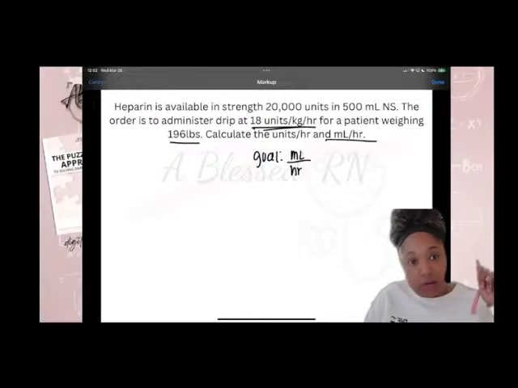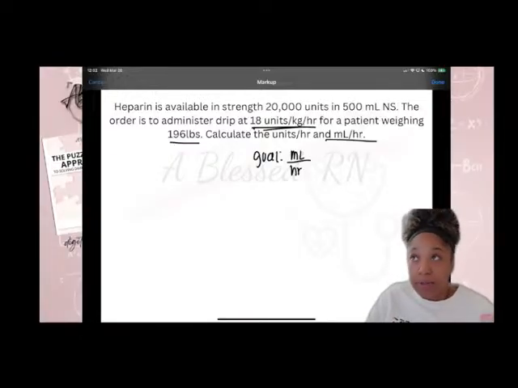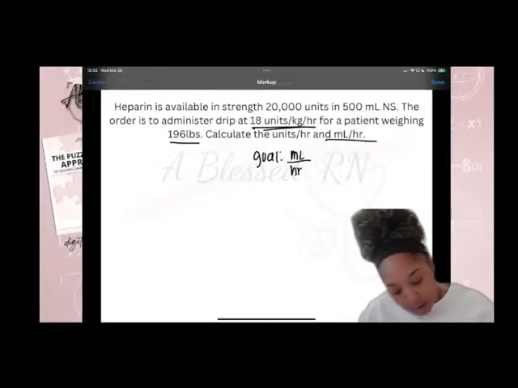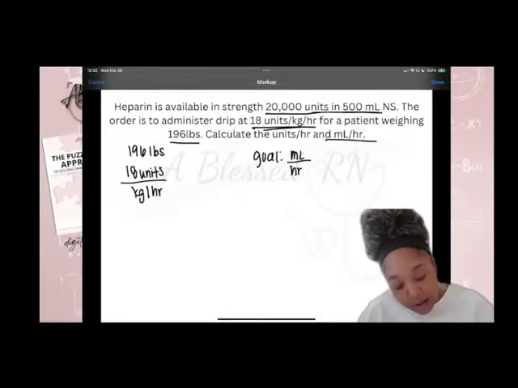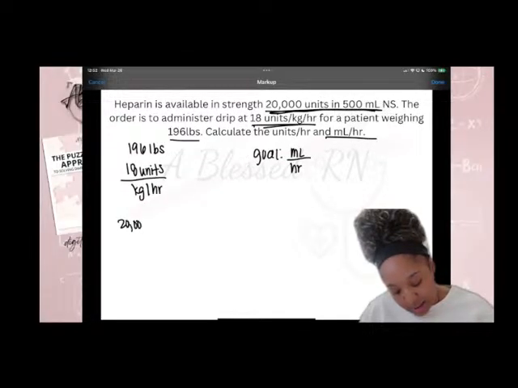All right, so now we need to know milliliters per hour. So we have an order of 18 units per kilogram per hour. Our patient weighs 196 pounds. Our concentration of the medicine is 20,000 units, and it's floating around in 500 milliliters of normal saline, okay?